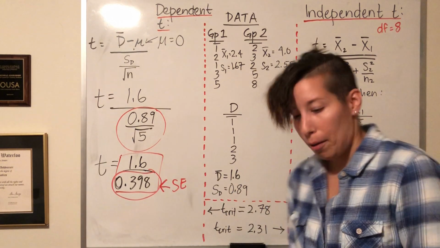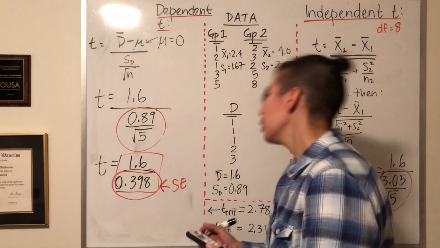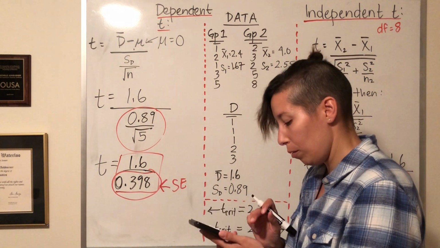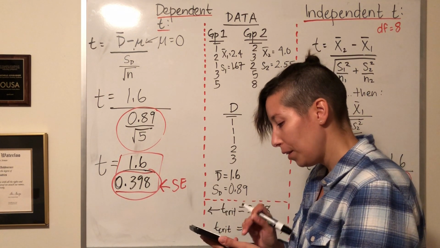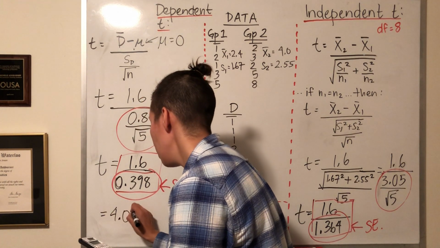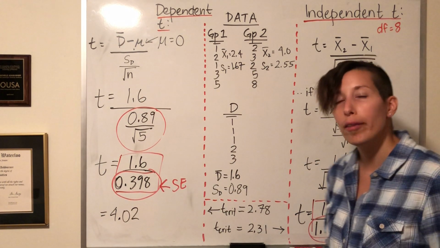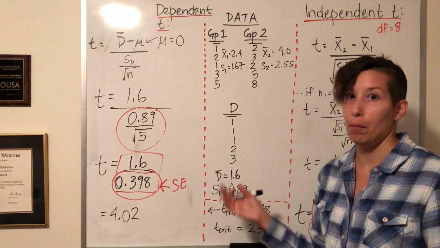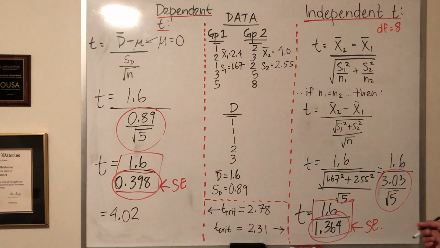And maybe time. All right, so what we're going to do is just divide. So 1.6 divided by 0.398. Okay, and that's equal to 4.02. That's a nice, solid, big t. Well, it's a little t, but it's large in magnitude. Okay, and then for this one, we really are running out of room.